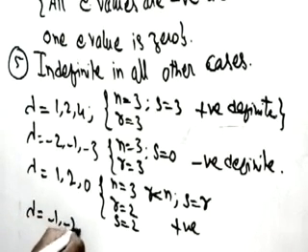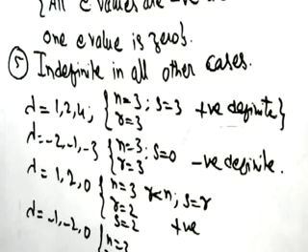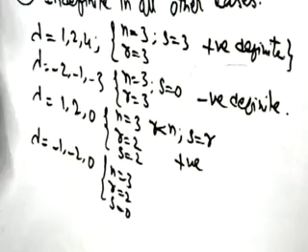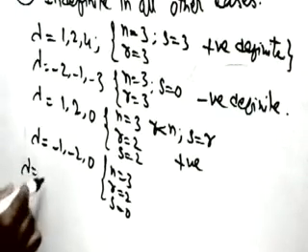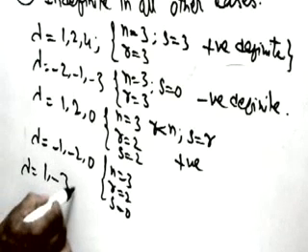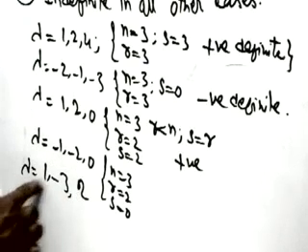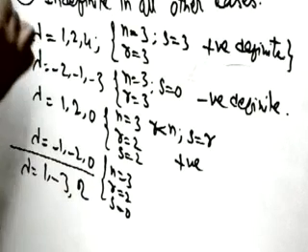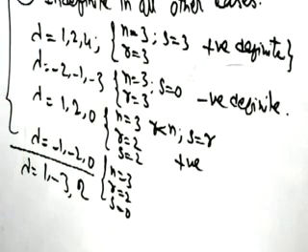Suppose you get lambda equals -1, -2, 0. Then n equals 3, r equals 2, s equals 0. So this is negative semi-definite. If you get other than this, suppose you are getting lambda equals 1, -3, 2. Two are positive and one is negative. So this is not any of the above 4 cases.